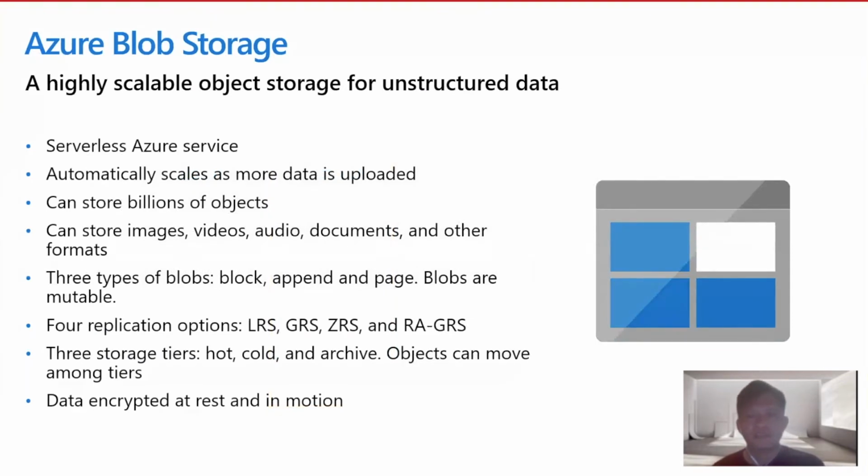This is primarily the first type of storage that was available on Azure. It's a highly scalable object storage for all your structured and unstructured data. It's a serverless Azure storage service, meaning you don't have to spin up any servers for it. It's just there, and it automatically scales as data is uploaded.